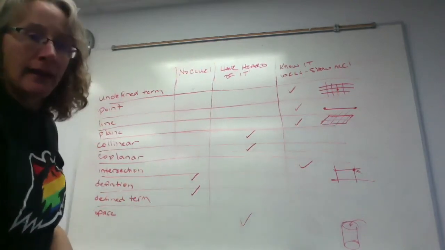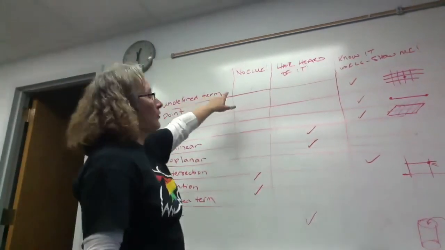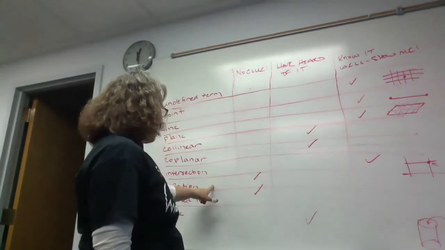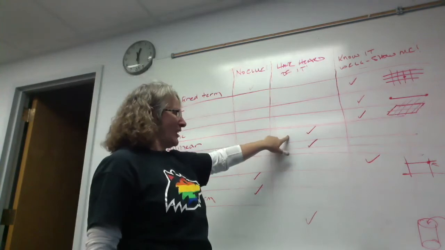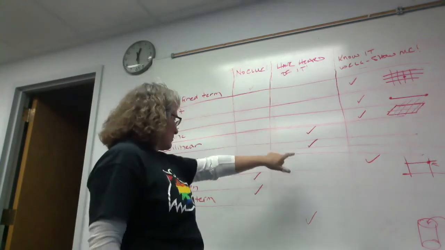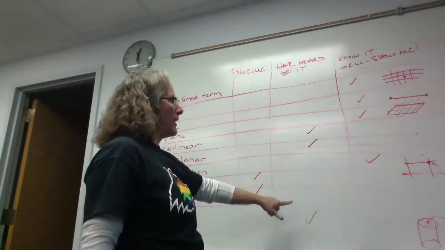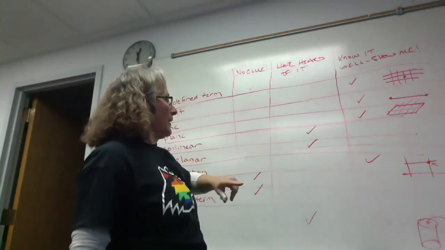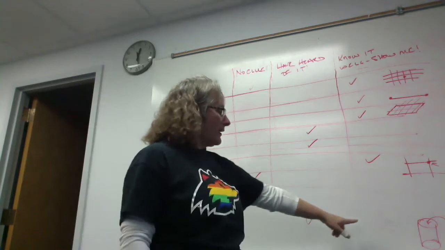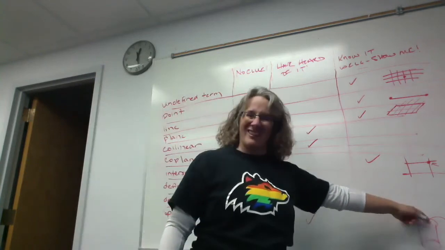So I indicated that I didn't have a clue about undefined term, definition, and defined term. I've heard of collinear, coplanar, and space, but I don't have enough to be able to draw collinear and coplanar. But with space, I drew, isn't that the stuff inside?